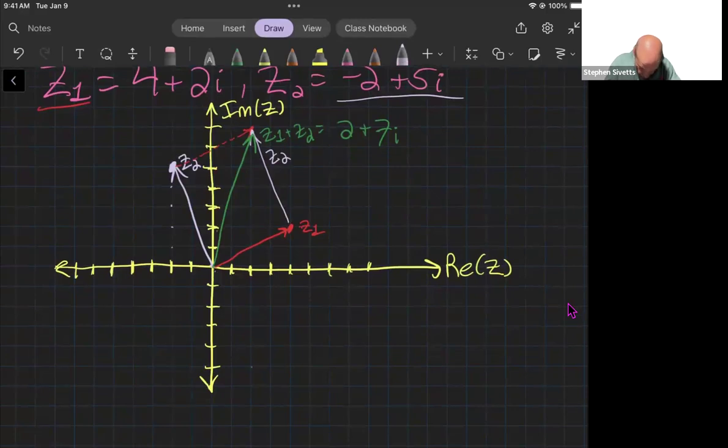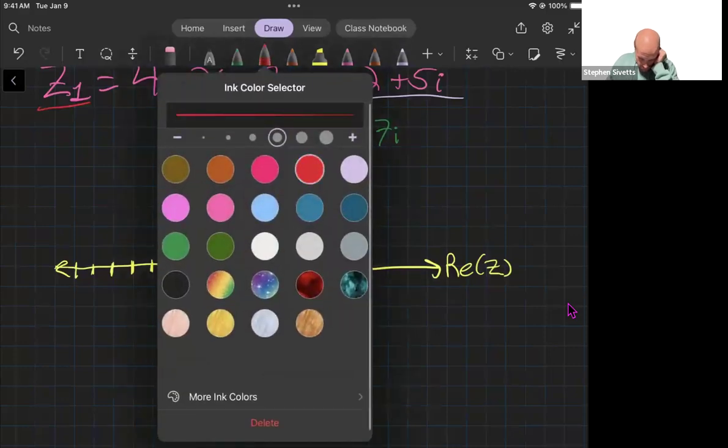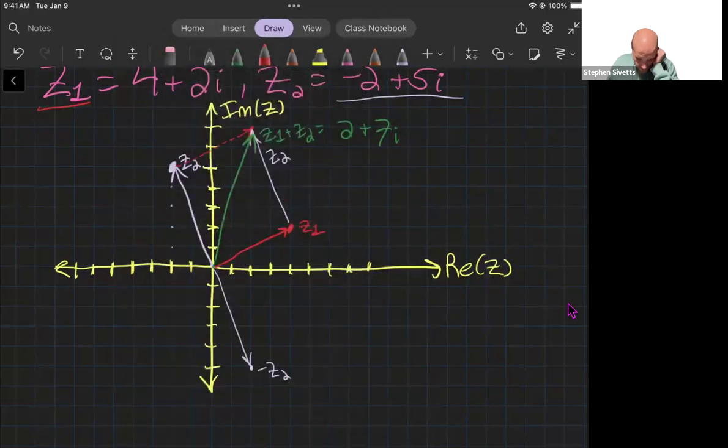So 2 minus 5, that will be down here. So minus z2, and then just use vector addition like last time, right? So we want a vector that is parallel to z1. So up to, shoot, okay.